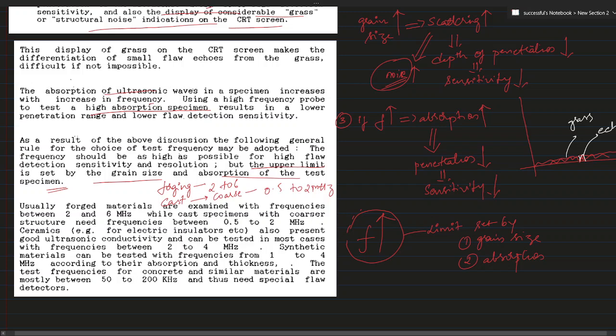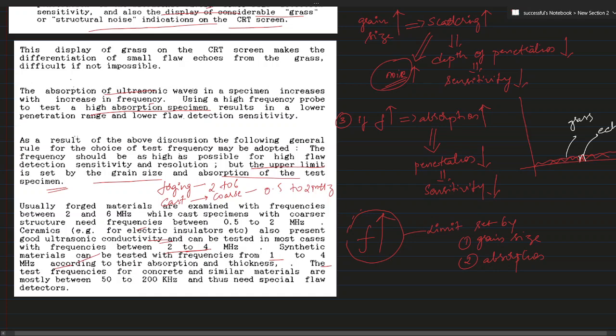Ceramics, for example electrical insulators, also present good ultrasonic conductivity and can be tested in most cases with a frequency of 2 to 4. Synthetic materials can be tested with a frequency from 1 to 4 megahertz according to their absorption and thickness.